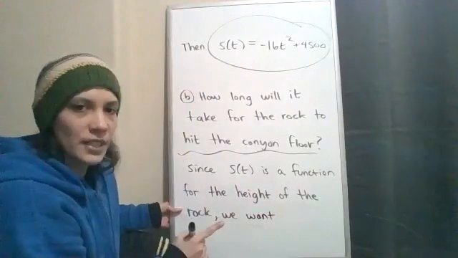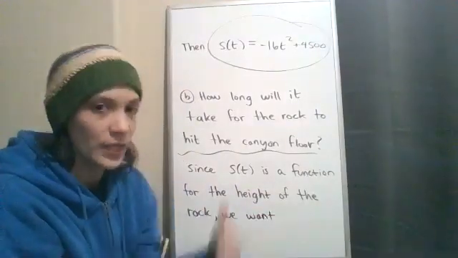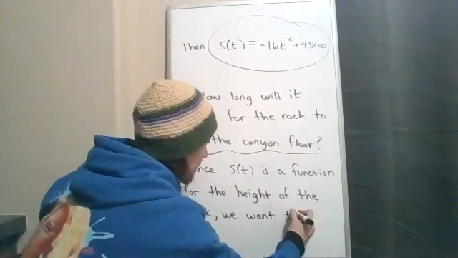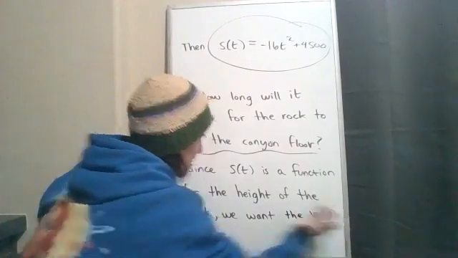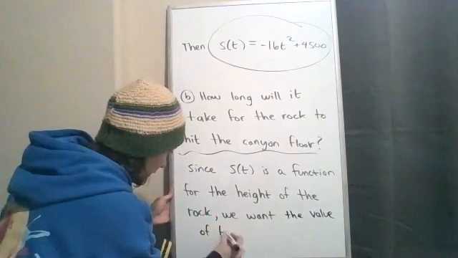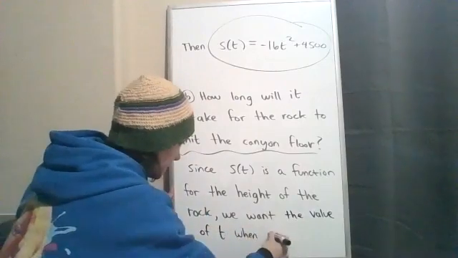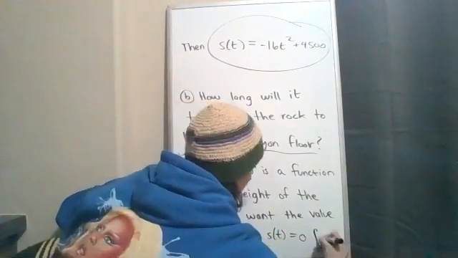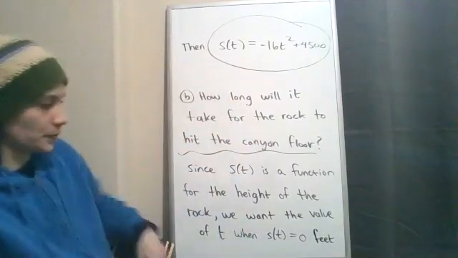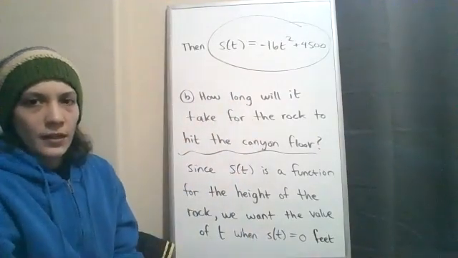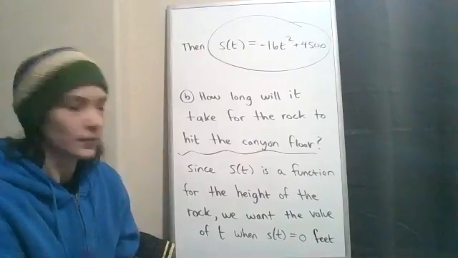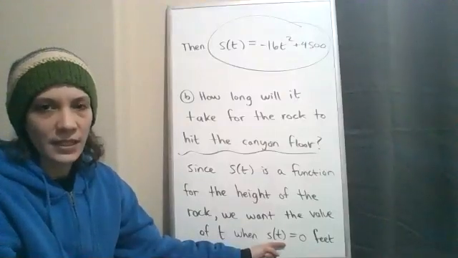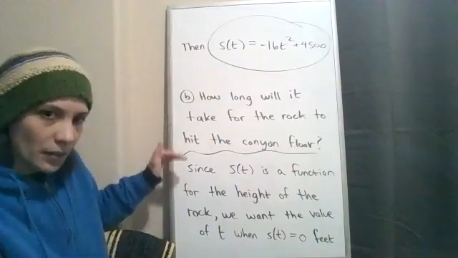We want the value for t when s of t equals 0. Maybe we'll draw a picture again. So again, I'm just going to say that a height of 0 feet is the point of hitting the canyon floor, getting all the way to the bottom.